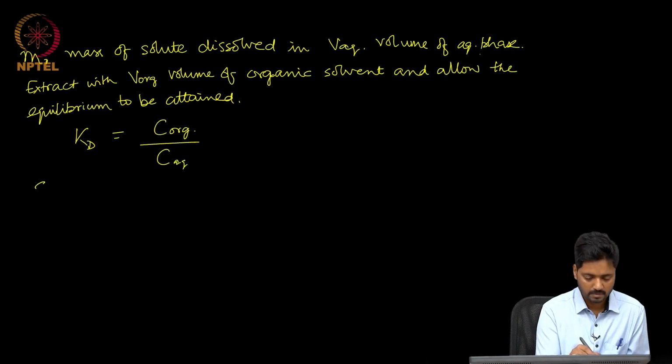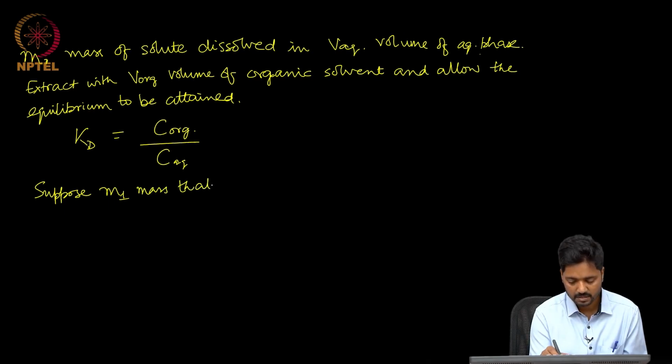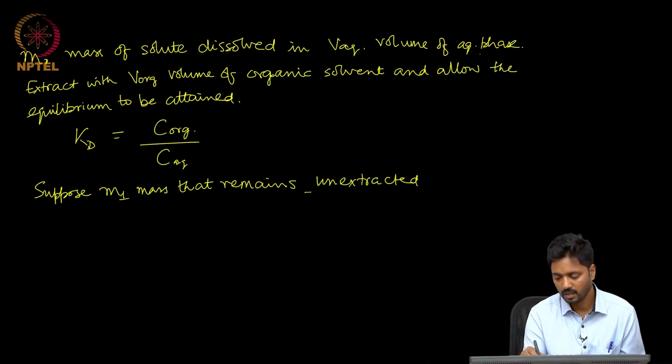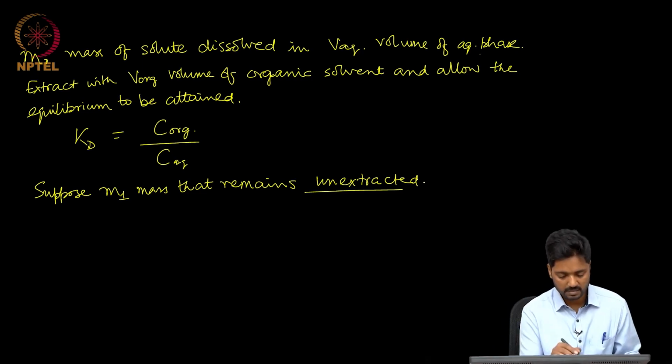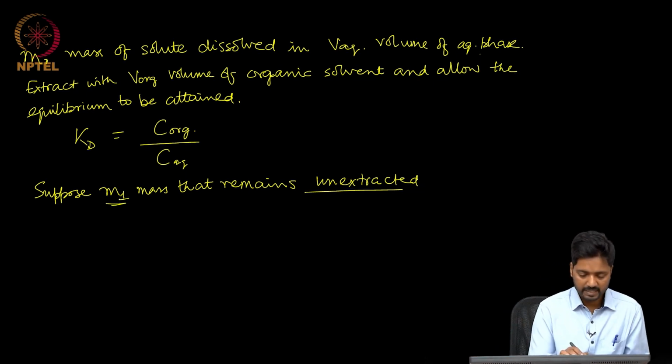Now, m1 is the mass that remains unextracted. So, please note that m1 is the mass that we consider to be remaining unextracted. So, we can define Kd as equal to m naught minus m1.